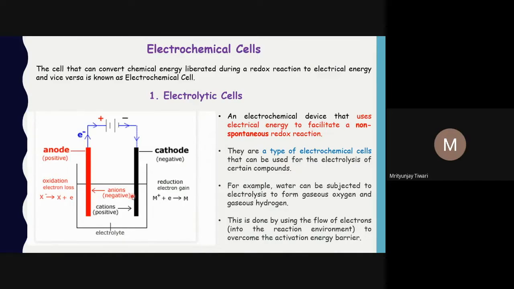So we will find the pure material there, and the anionic part of the electrolyte will move towards the anode because it has obtained positive polarity. The negative anions will move here and lose their electrons, so the pure material will be liberated, and this electron will now travel and reach the cathode, where it will be used for the reduction.